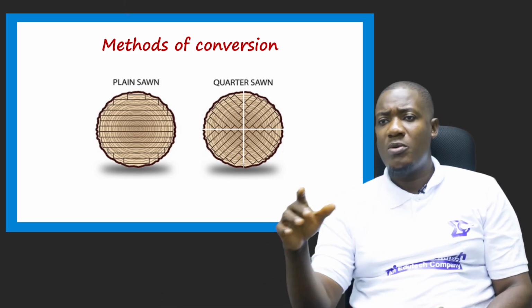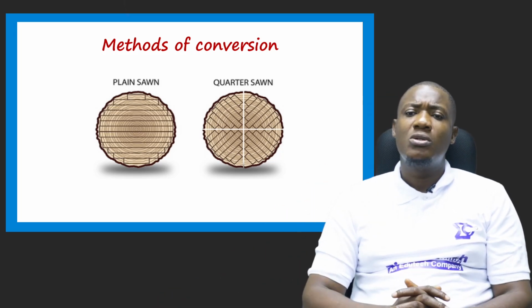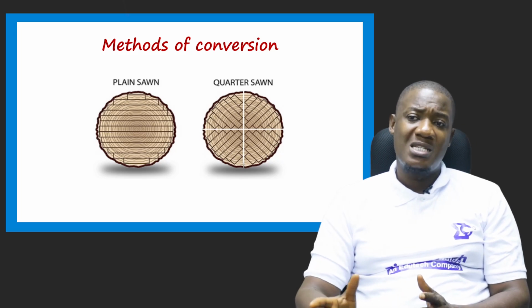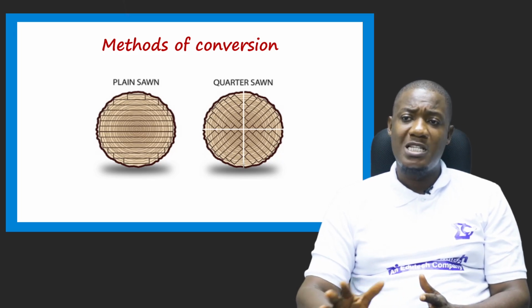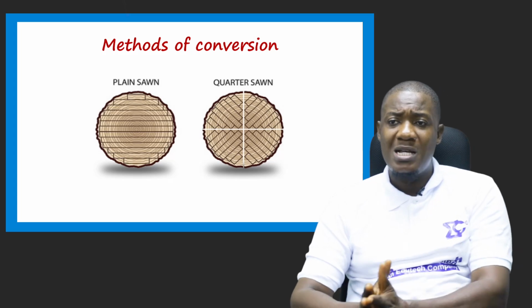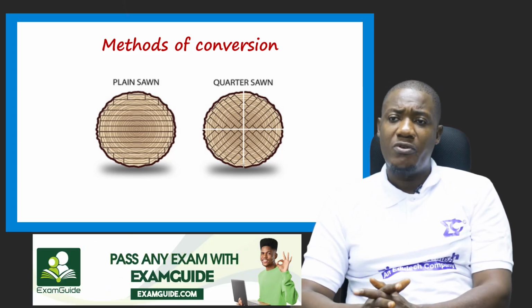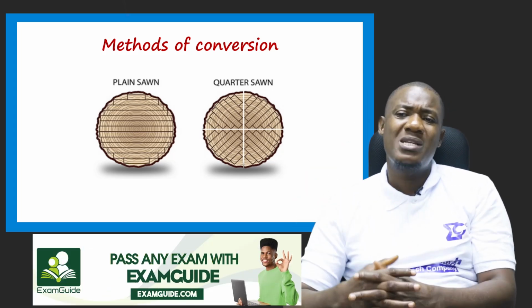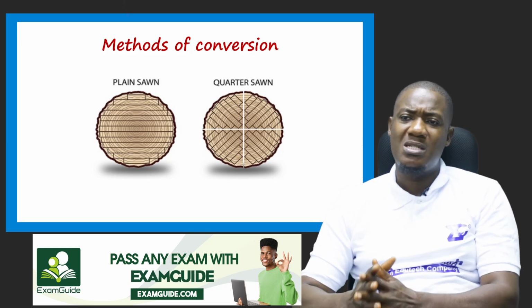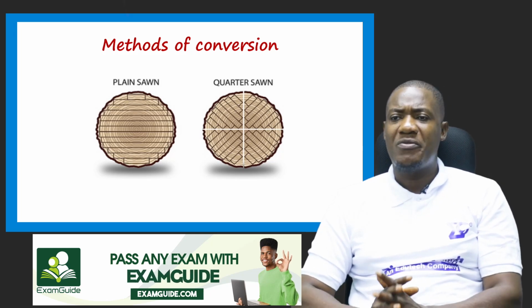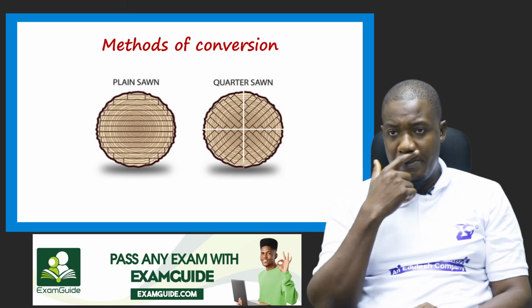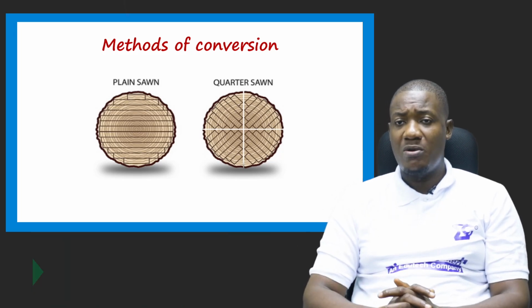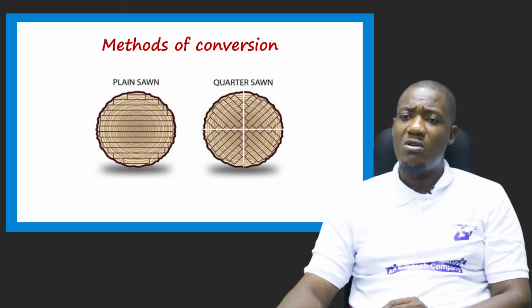But the quarter sawn method has its disadvantage because it's expensive. It requires very high skill, and it also wastes timber. Apart from the aesthetic value it has, people prefer to use the plain sawn method in conversion of timber.